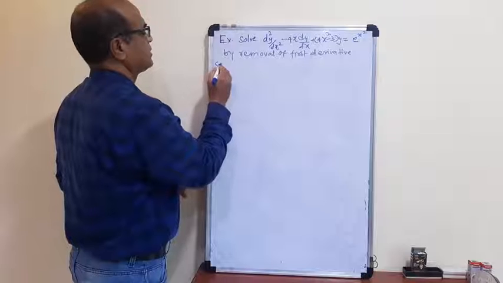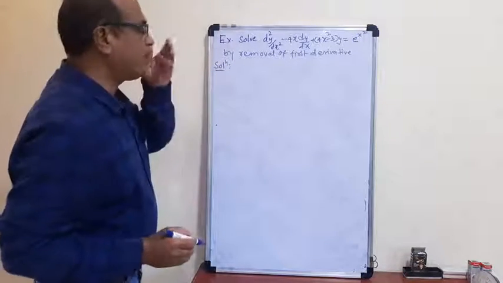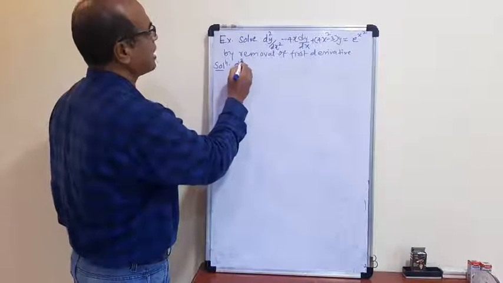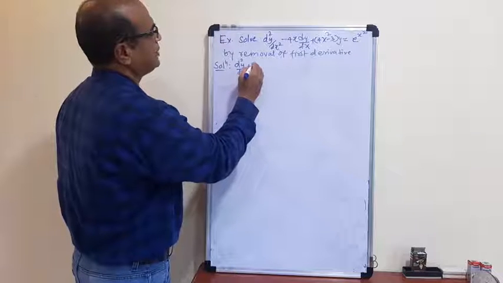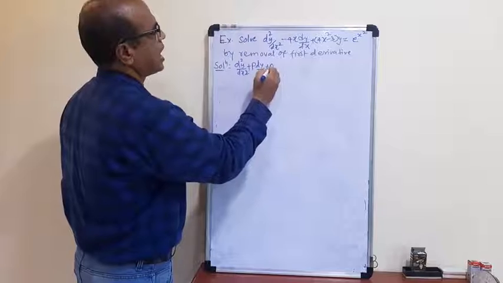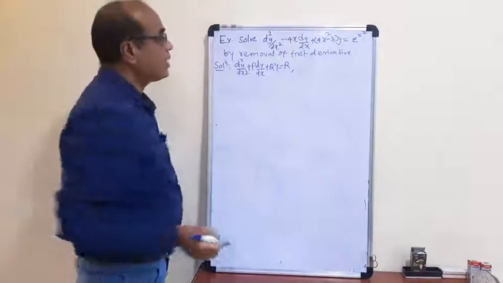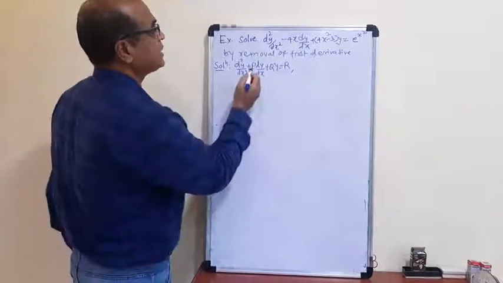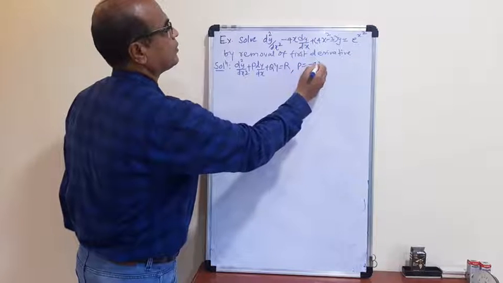We solve this differential equation by changing the dependent variable. We compare this differential equation to the standard equation d2y by dx square plus p dy by dx plus qy is equal to r. Comparing both equations, what is p? p is equal to minus 4x.